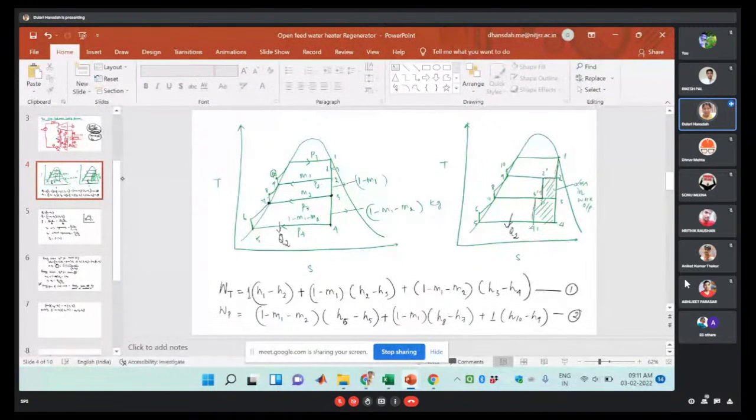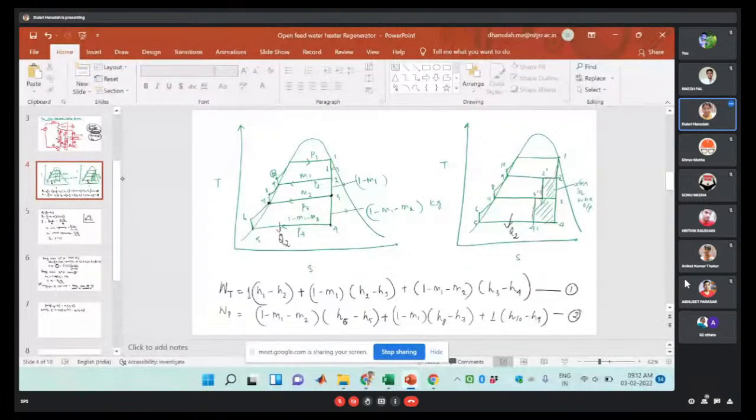Okay, so here if we are considering the work output by this method, then in this case we will suppose we are considering the area under this diagram. Okay, area under this diagram will be the work output. Okay, so in this case if we are considering this one, this will be the loss in work output.